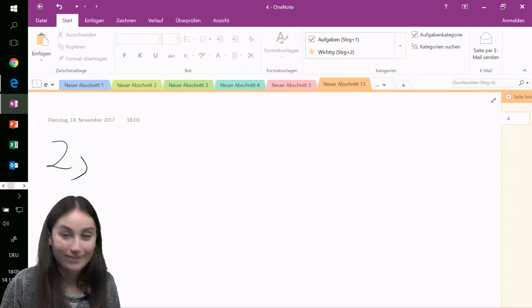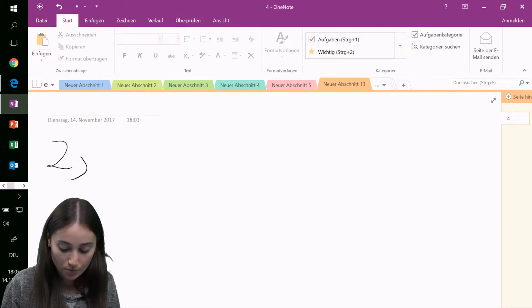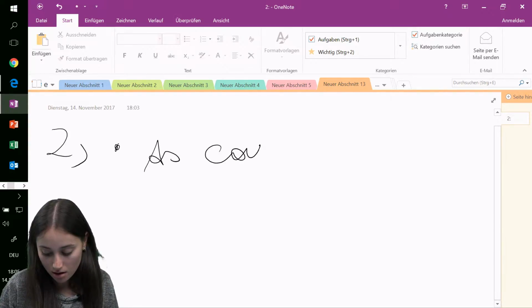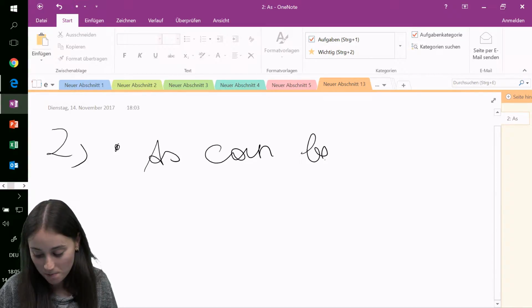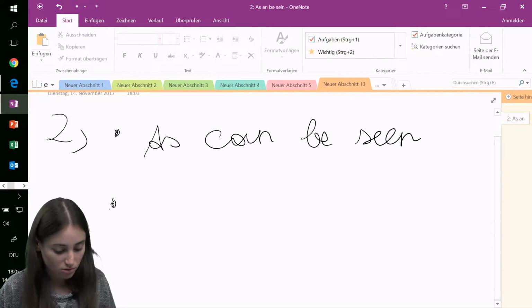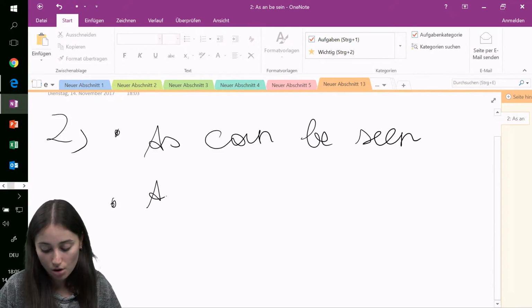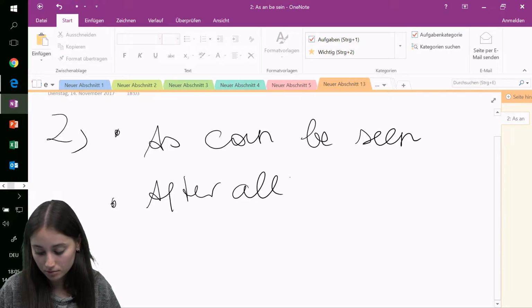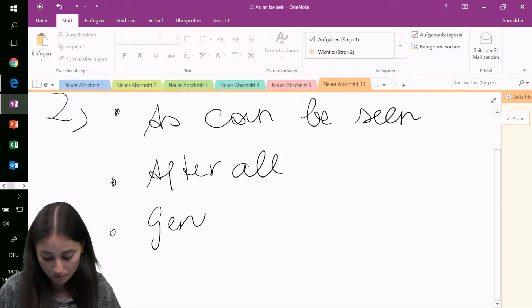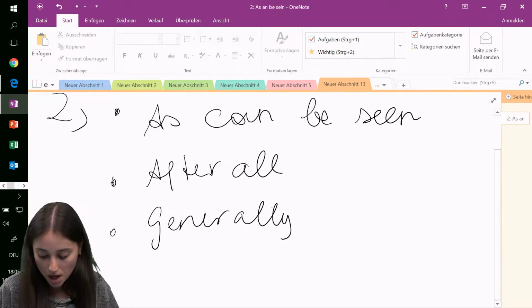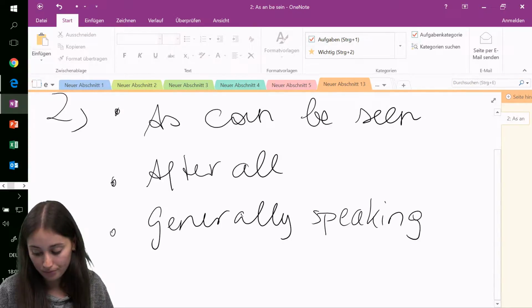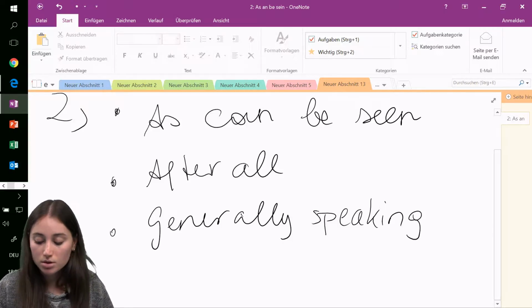Okay, then I'll write down some words for you. So, as can be seen, for example, which is rather used rarely. After all. Generally speaking. Oh, and a hint, of course, also for your written exams.